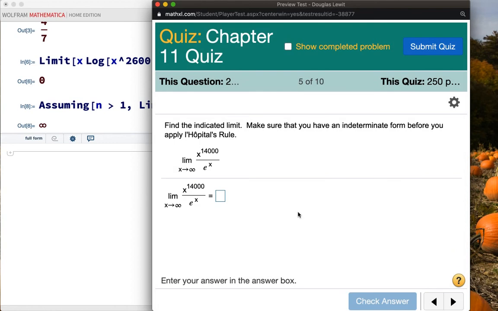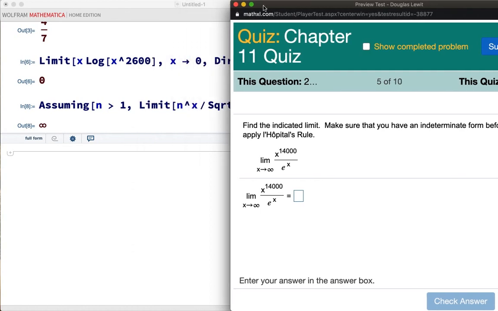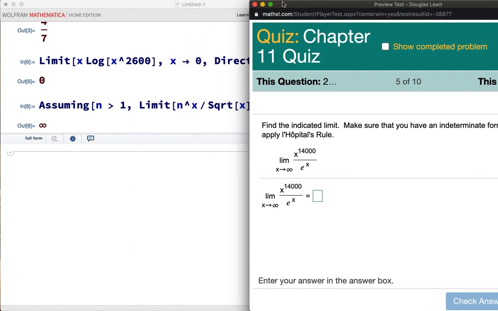Okay, so here, we could use L'Hopital's rule, but actually I don't think it's necessary. Again, let's use some basic intuition about how these functions behave. Now, x to the power 14,000 looks extremely big. However, e to the x, this function in the denominator, grows much, much, much faster than the function in the numerator.